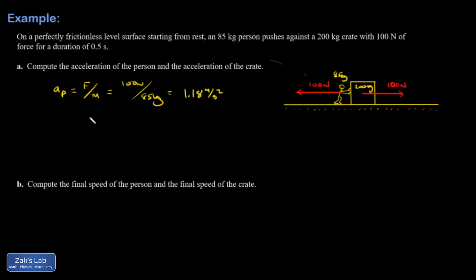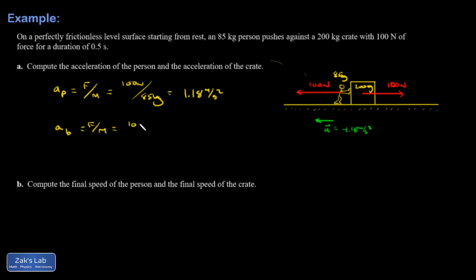Again, maybe I'm only interested in the magnitude. If I wanted to do the vector acceleration really precisely, then I would say a vector is negative 1.18. All right, the box. It has more mass, so its acceleration should be less.